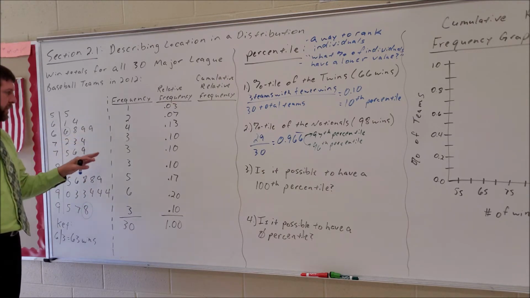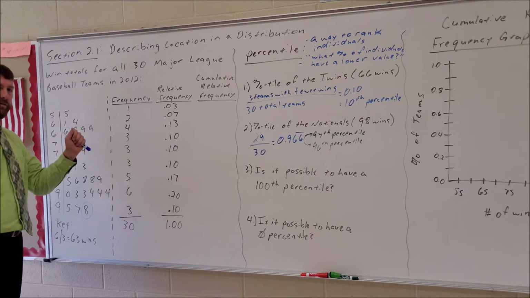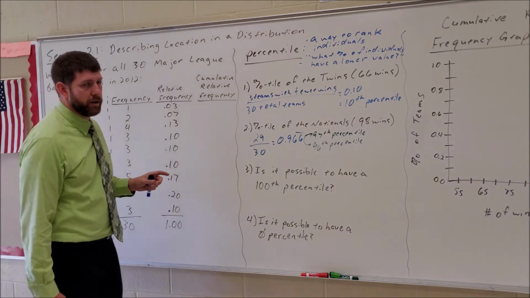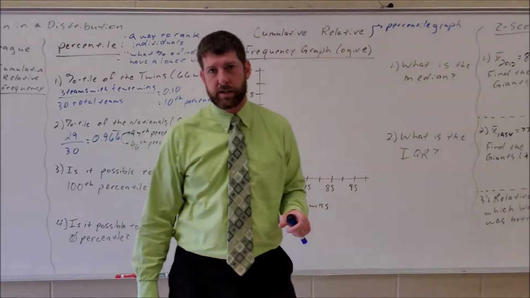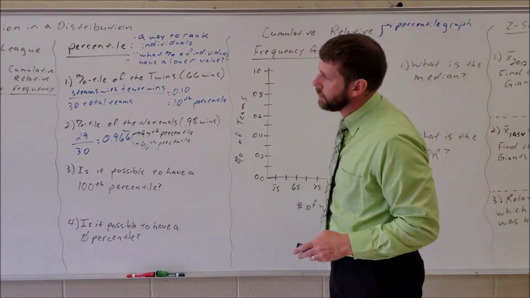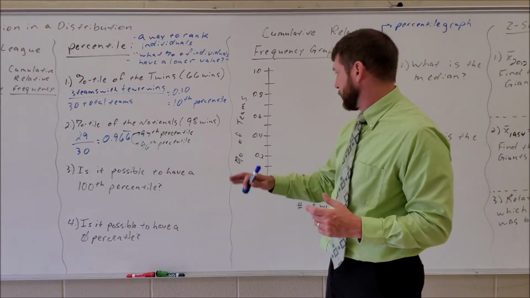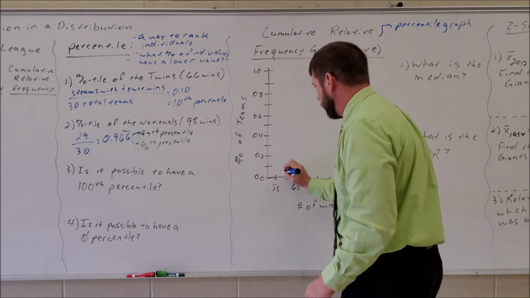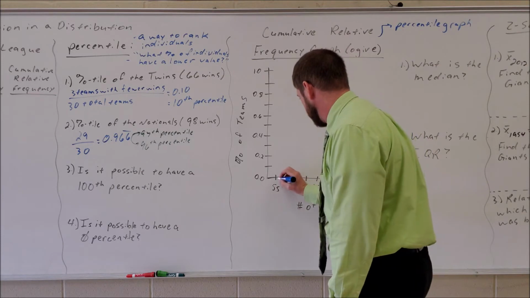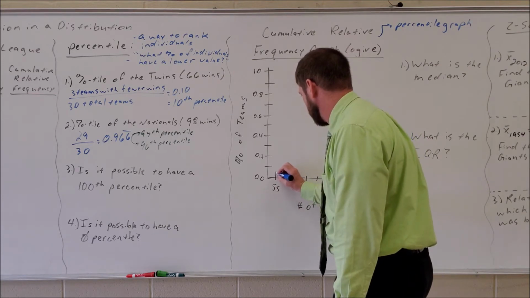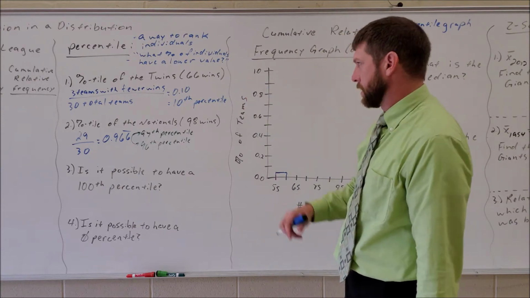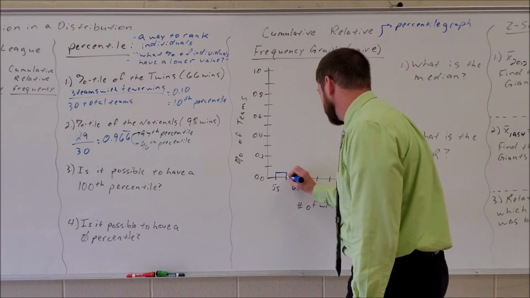Y'all can build that with me, and that's going to help us figure out the cumulative relative frequency graph. So let's turn this into a histogram. From a percentage standpoint, for the 55 to 65 interval, we were at 3 percentage points. From the next interval, we were at 7 percentage points.